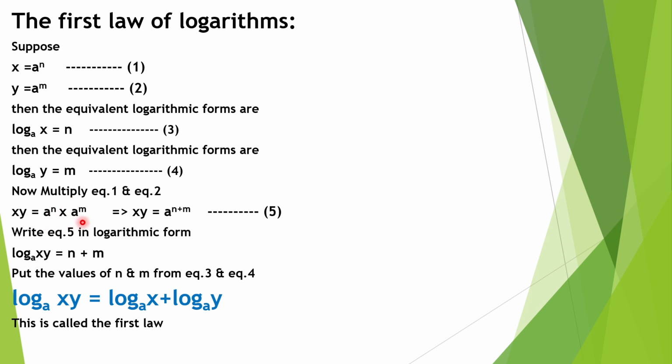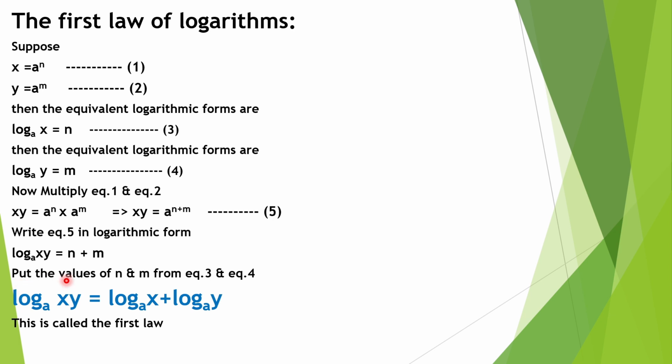So the base is the same, that is a, so we will add the powers n plus m. This is equation 5. Now write equation 5 in logarithmic form. So if we write this equation in logarithmic form, we will write log to base a of xy is equal to n plus m.